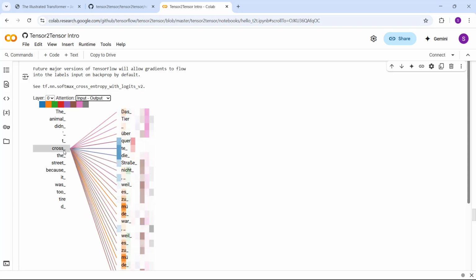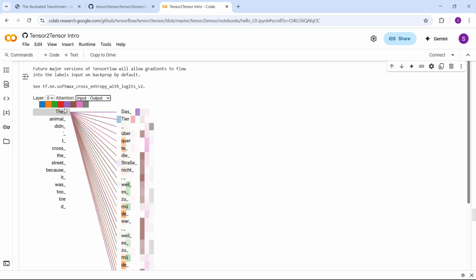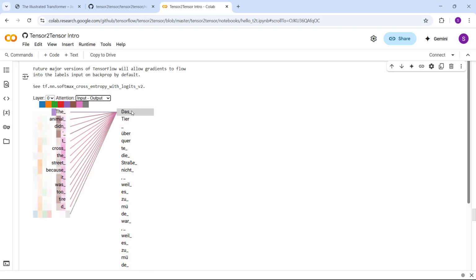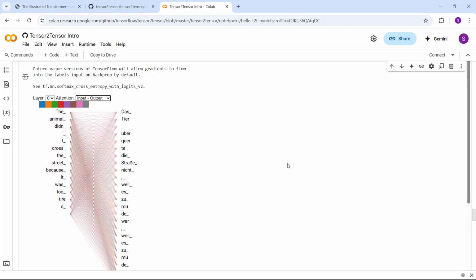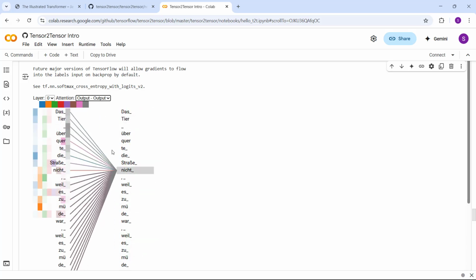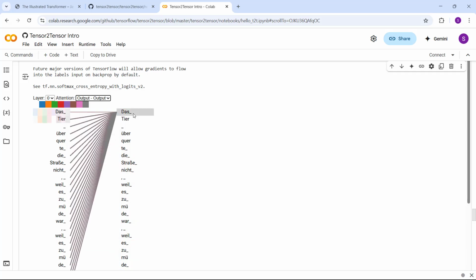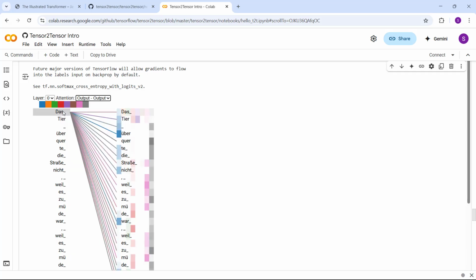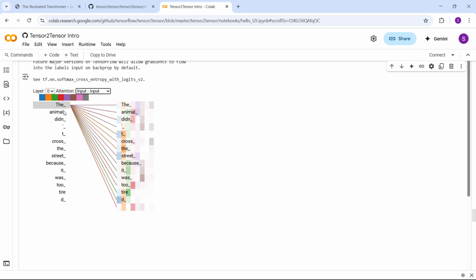This shows how each word in the encoder relates to each word in the decoder. The next attention is output-output, which means decoder self-attention, that is German to German, every German word with respect to each other German word. Whichever word has the highest attention score will be predicted as the next word in the sequence.